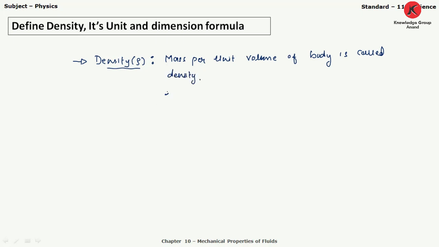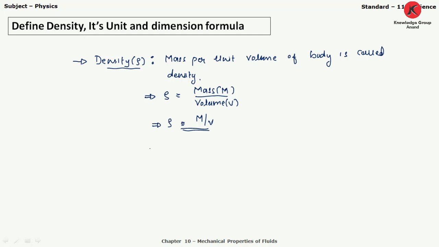So rho is equal to mass, which is denoted by the symbol m, divided by volume, which is denoted by the symbol v. So in terms of equation, rho is equal to m by v, right? So this is the formula for density.